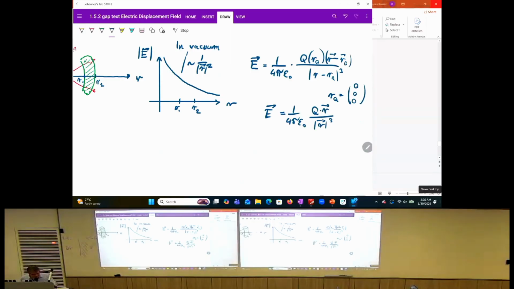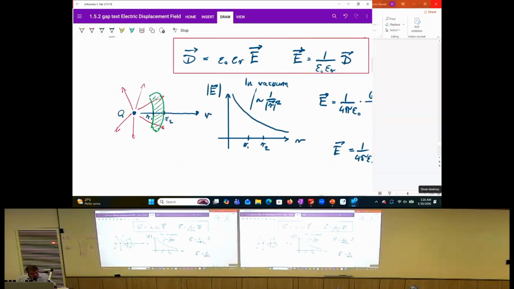So this is the electric field that we have plotted with this blue line.